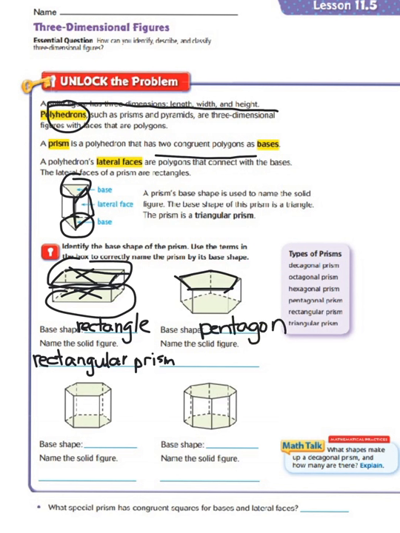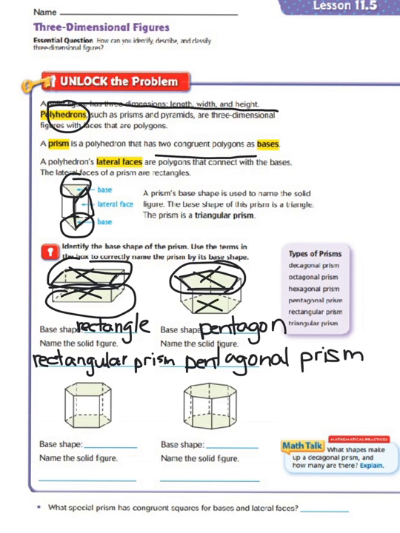And when we name the solid figure, based upon its base shape, it's going to be a pentagonal prism. Because it too has two congruent polygons as bases, one on the top and one on the bottom.